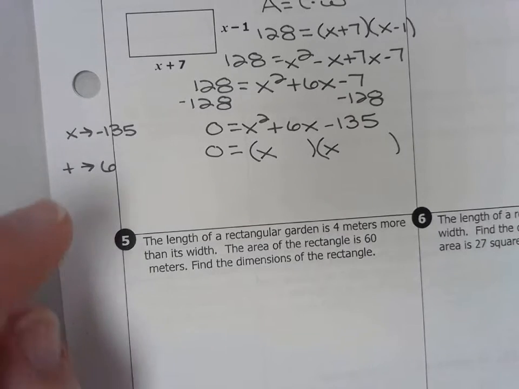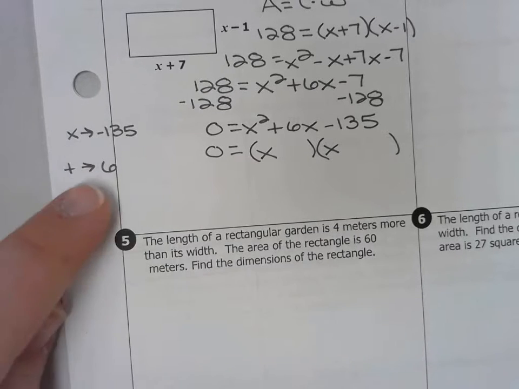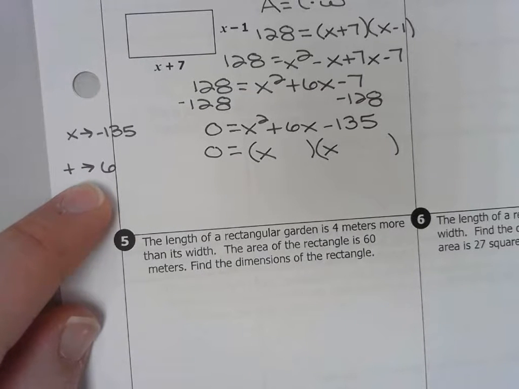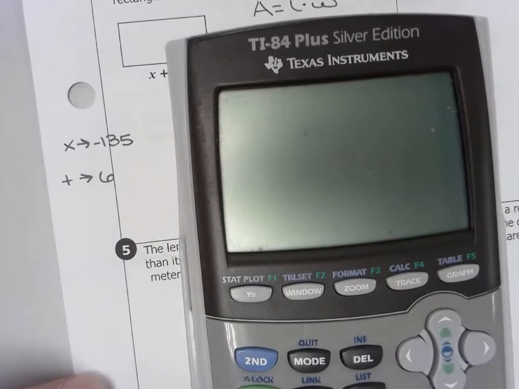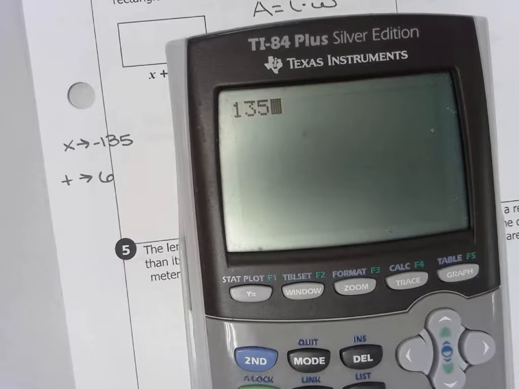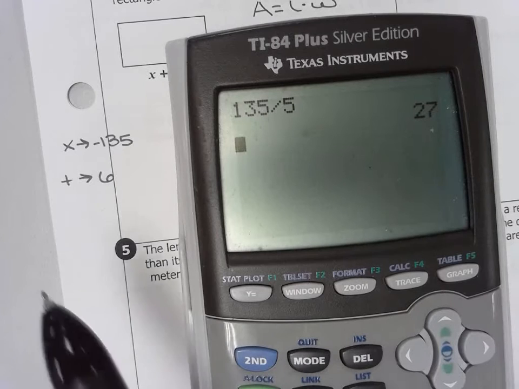If they multiply to give me a negative, I know the signs are going to be one positive, one negative, but if they add to give me a positive, the bigger number will be positive. Now 135 I don't know super well, but just start plugging it in your calculator. 135 ends in a 5, so we're going to guess a what to start with? 5. Let's try 5. Will negative 5 and 27 give you 6?